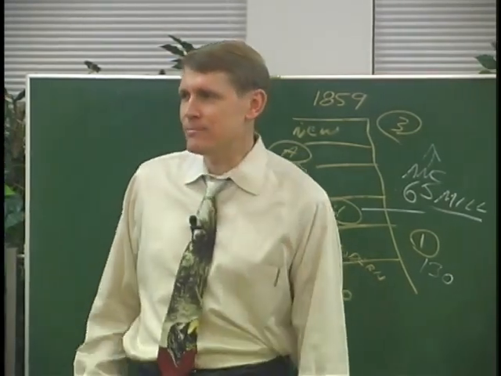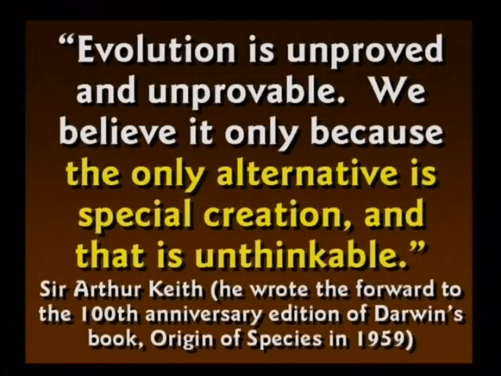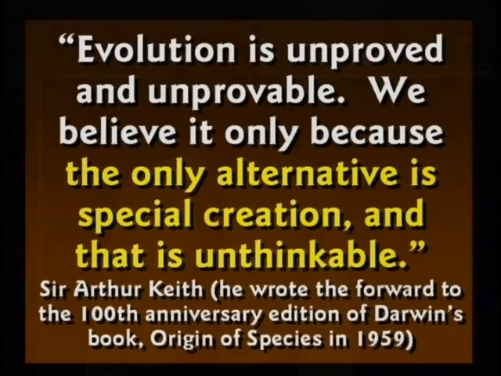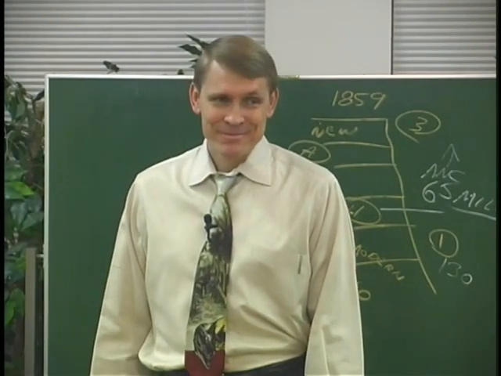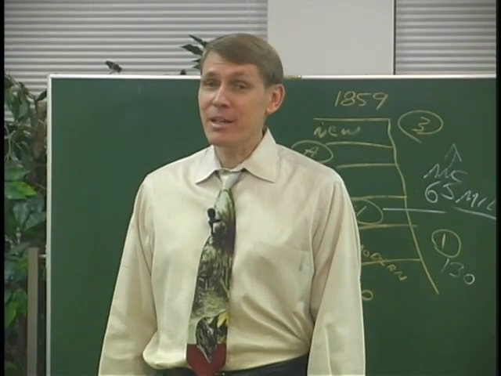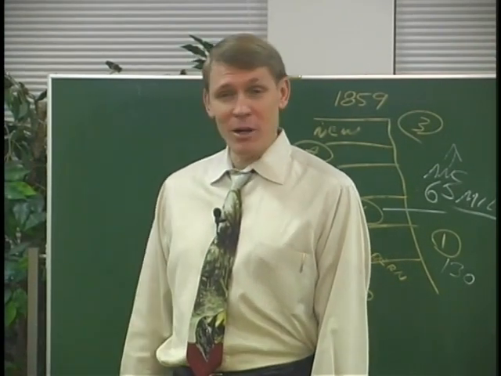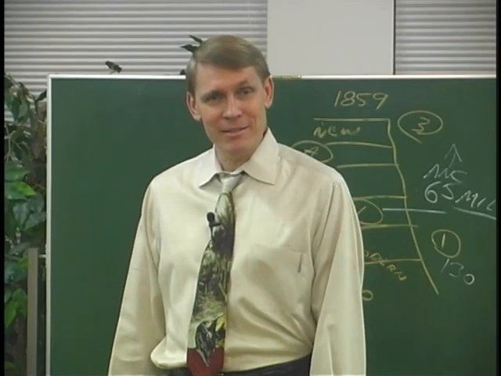Arthur Keith said, evolution is unproved and unprovable. We believe it because the only alternative is special creation, and that is unthinkable. In other words, you're not allowed to think about that. That's quite a confession. And they printed it in the front of Darwin's book when it was republished in 1959.